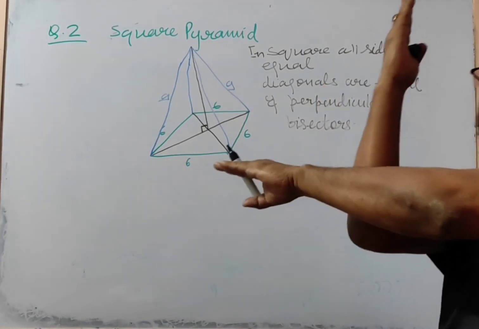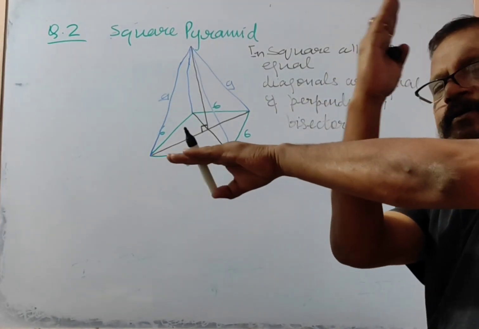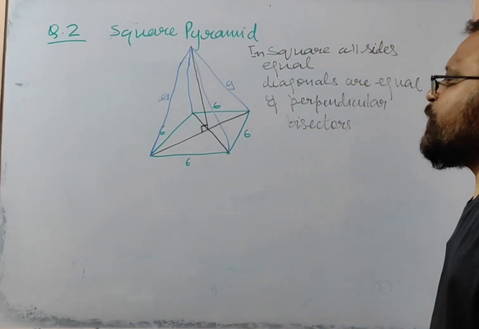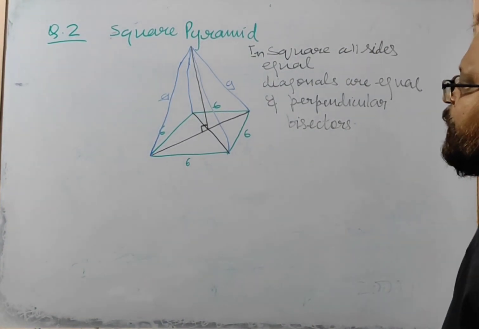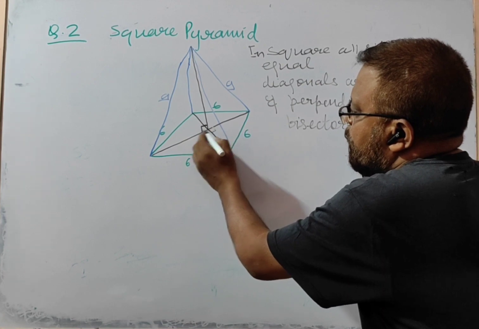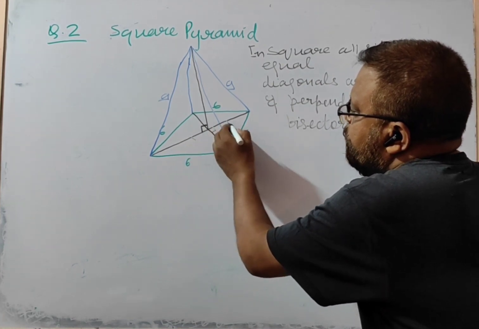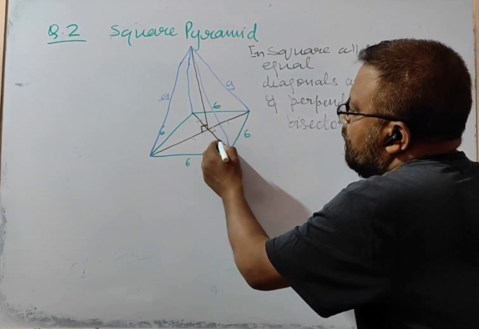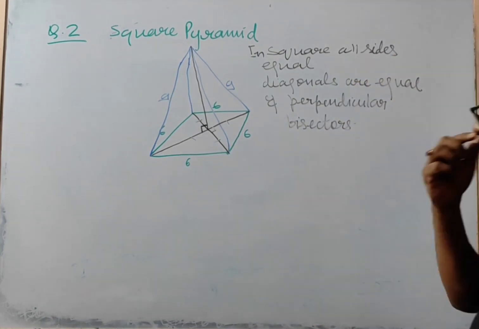Perpendicular bisector means they are at 90 degrees to each other, and they are making halves. They all are equal, so all halves are equal, right?